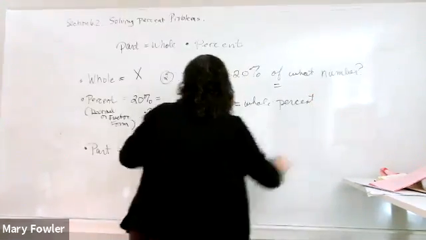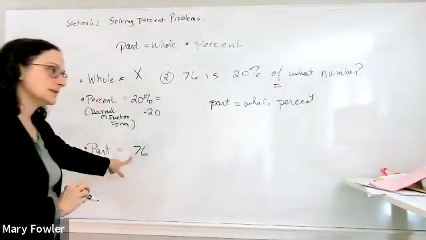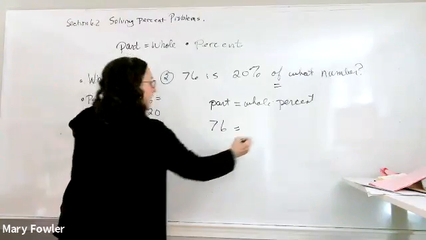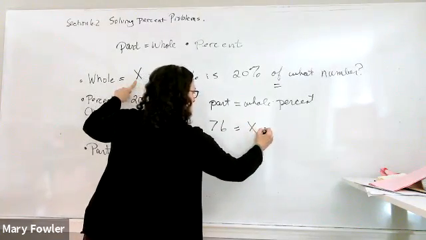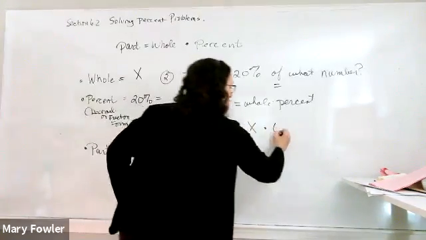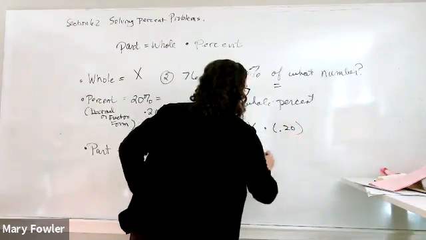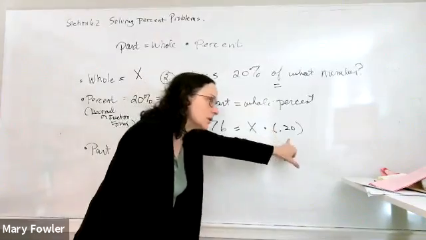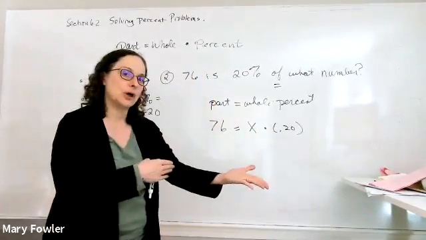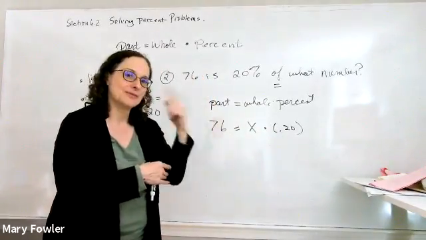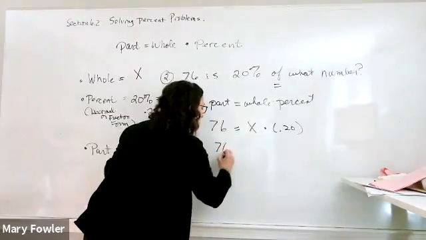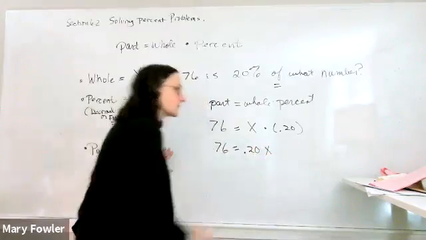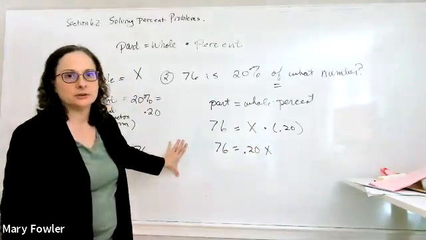All right, so substituting in, 76 is equal to X times 0.20. I'm going to rewrite X times 0.20. We usually put the number in front of the variable, so we'll call it 76 is equal to 0.20X. And now we have an equation.